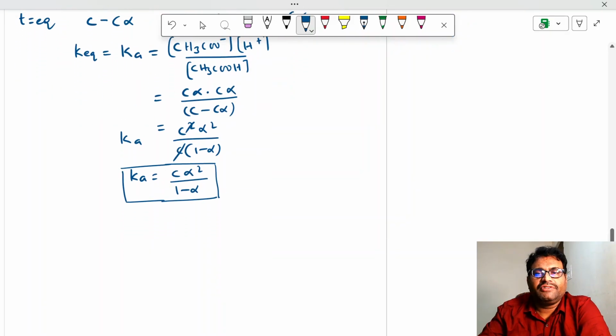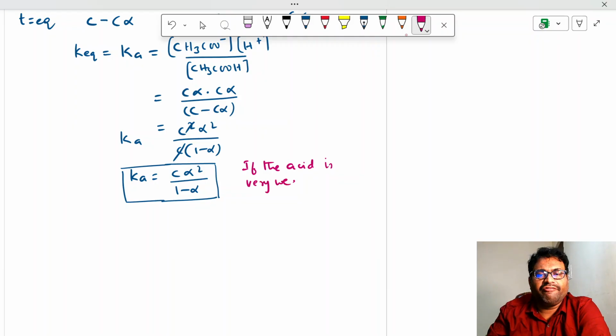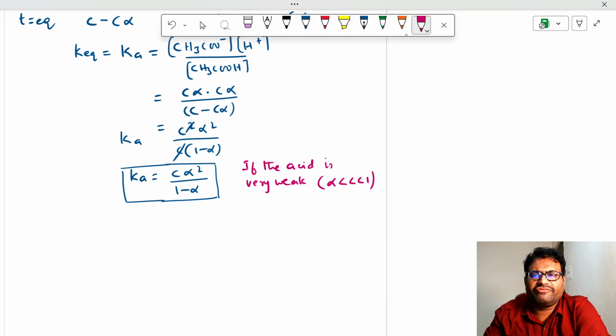So this is the formula to calculate Ka. Then if the acid is very weak, that means its alpha is very much less than 1, so 1 minus alpha will be almost equal to 1.